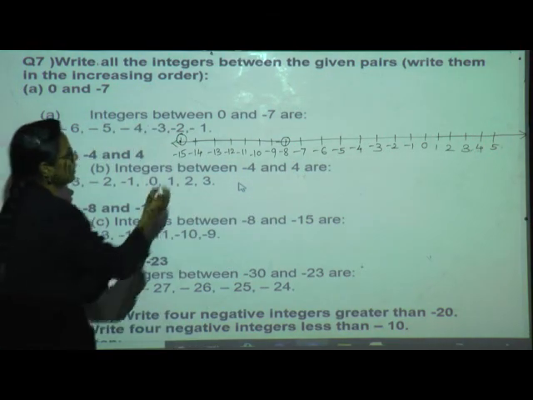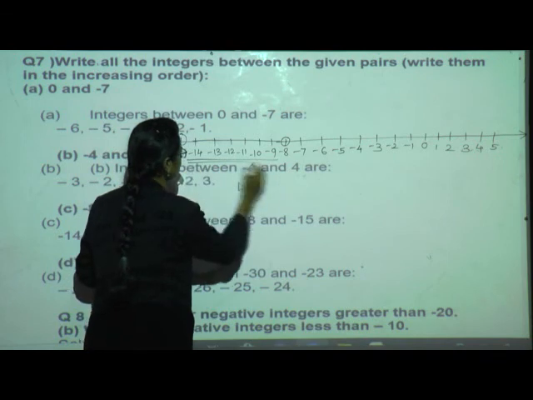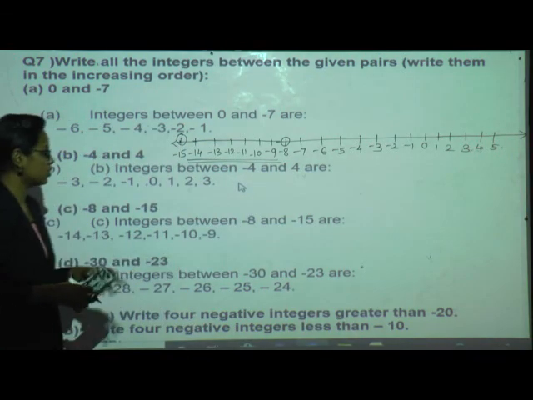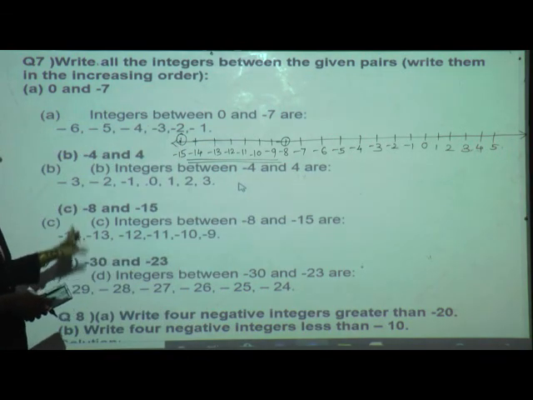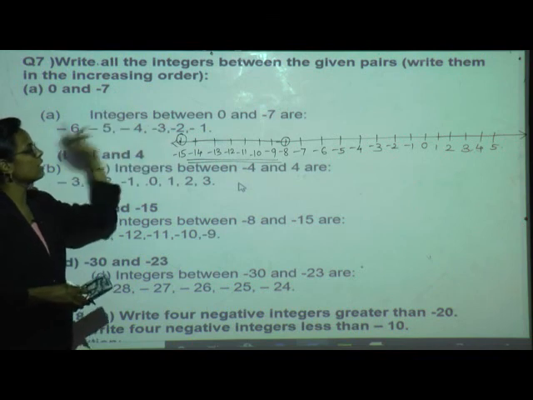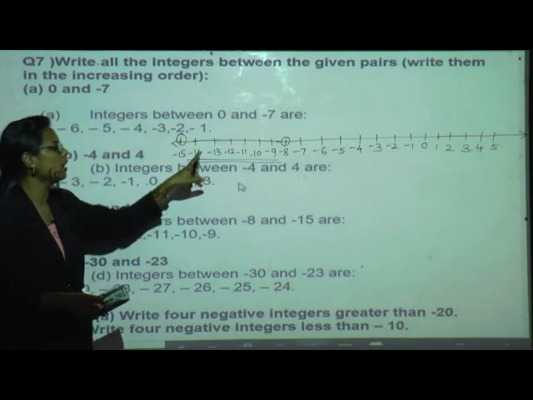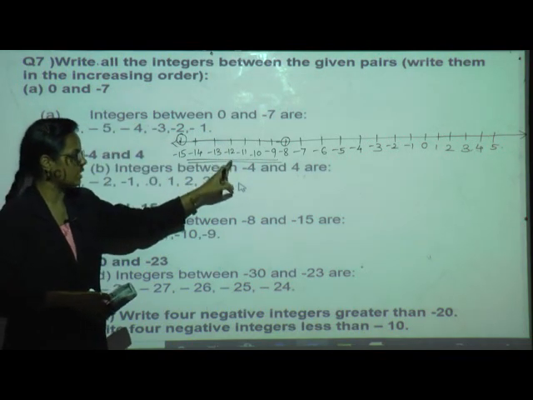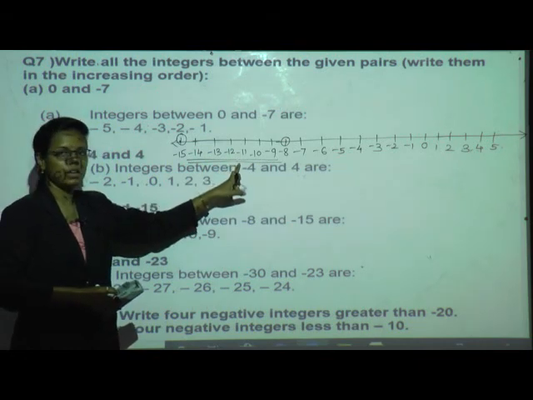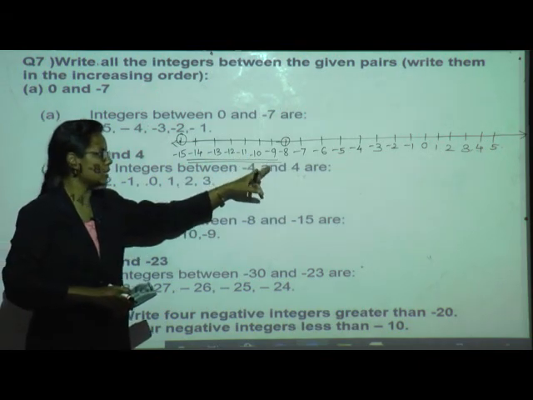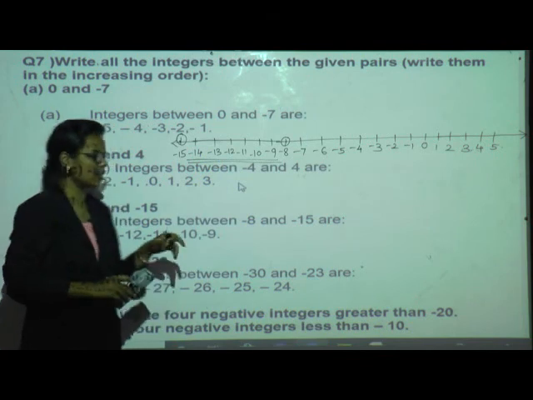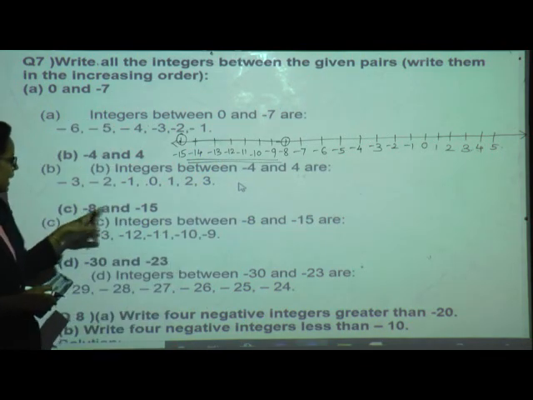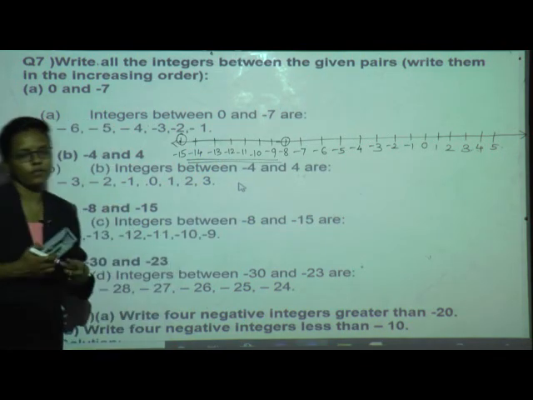So the integers between these are underlined here. We have to arrange them in increasing order. So minus 14, minus 13, minus 12, minus 11, minus 10, minus 9 are the integers between minus 8 and minus 15.